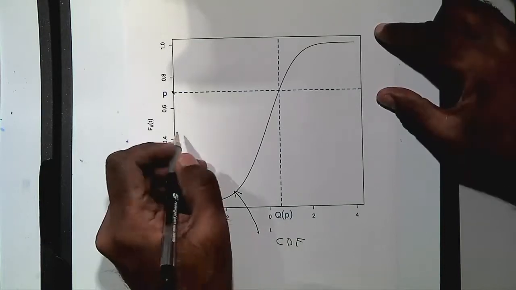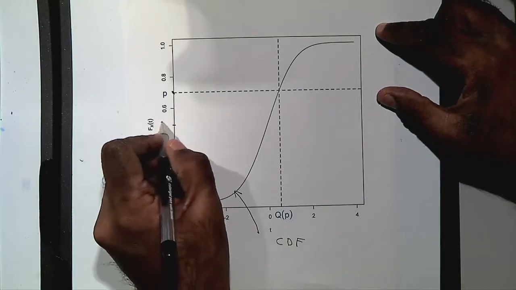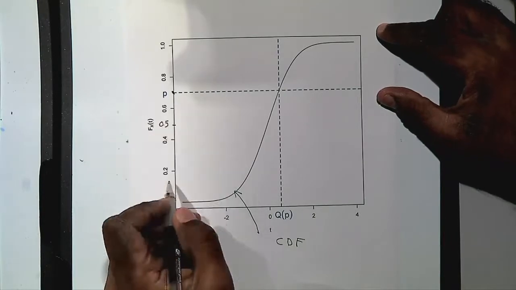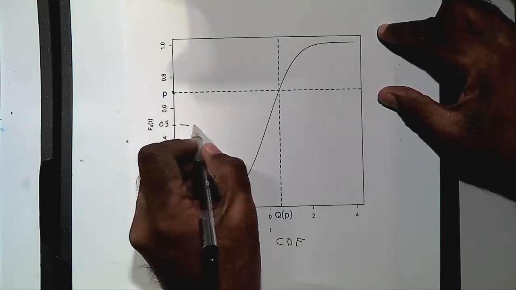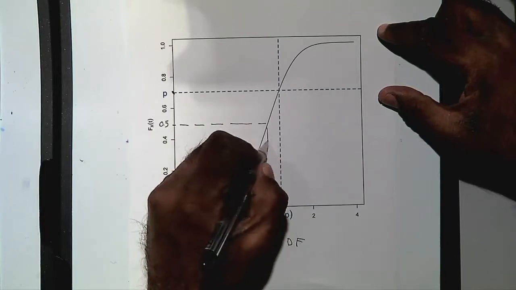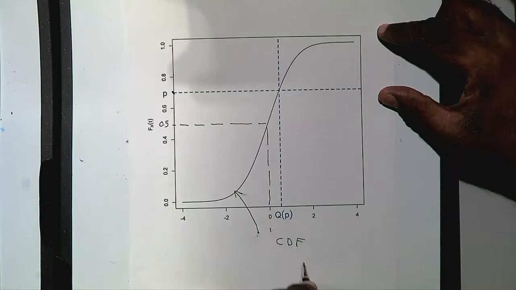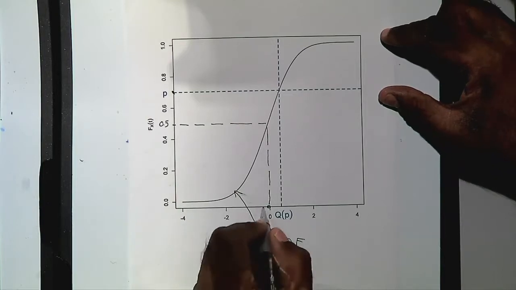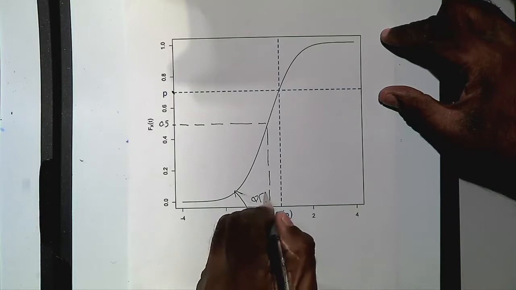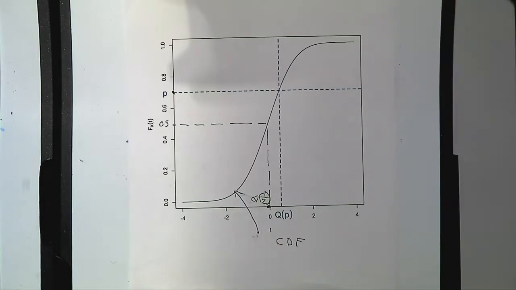So if P is, say, half, suppose this is 0.5, then Q at half will be what you get over here. So this point here will be Q at half. You follow what I'm saying?